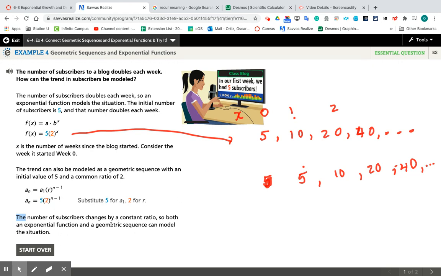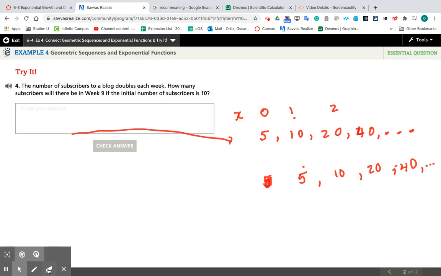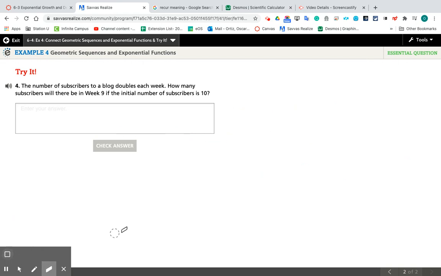So an exponential function or a geometric sequence can model the situation, only that here you will have a different form for the exponent, but you can still use both. With that in mind, let's first erase this here. I'm asking you to please write it down in your notebook, as always.